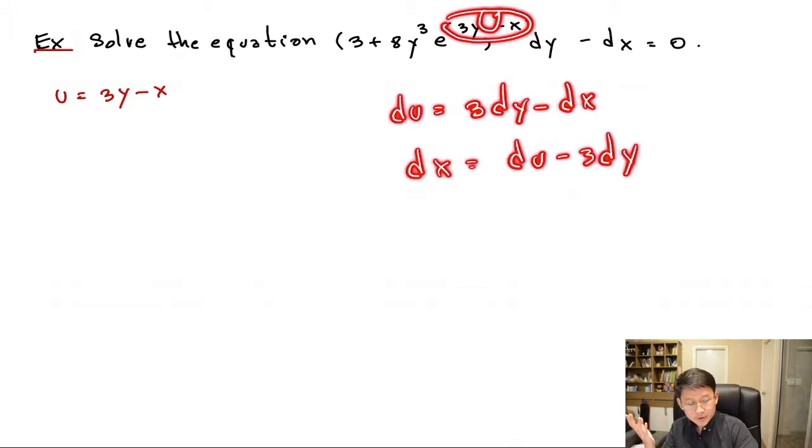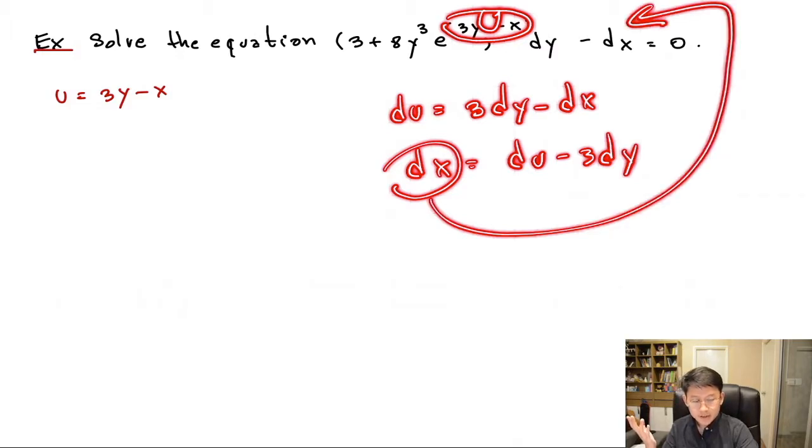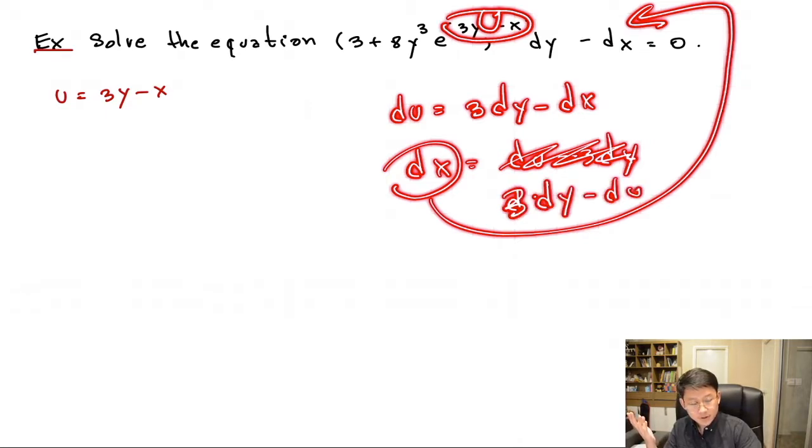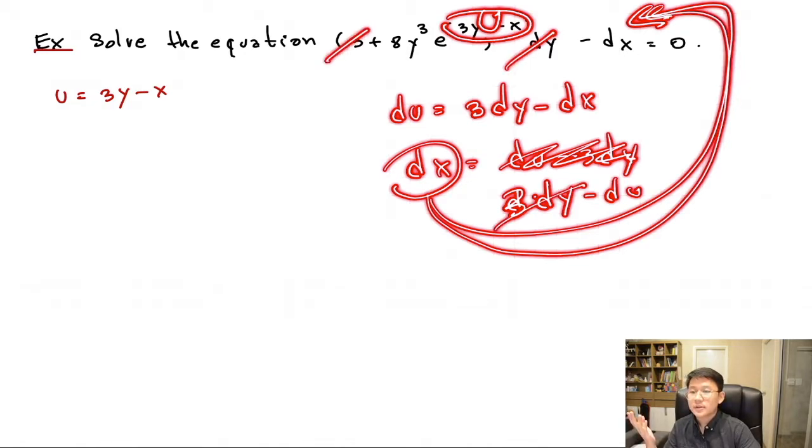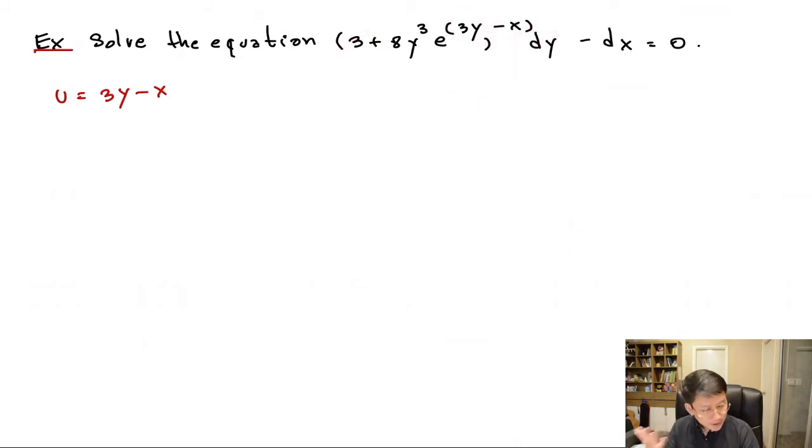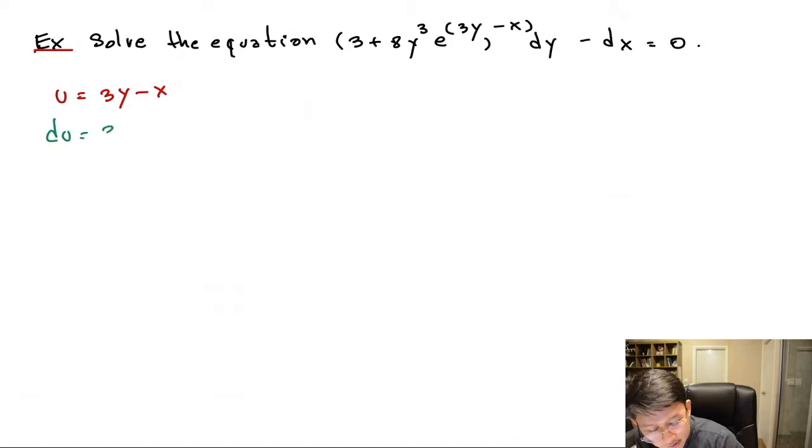If I substitute dx in there, the 3dy might be cancelled out. So let's have a look if it's really true. So du is 3dy minus dx, so dx is du minus 3dy.